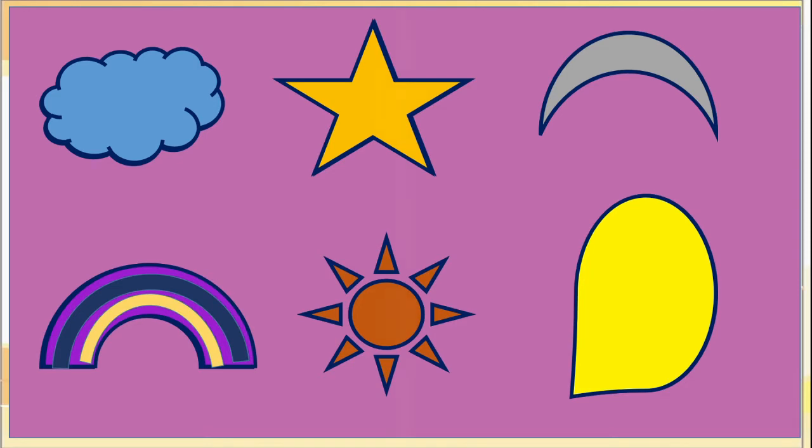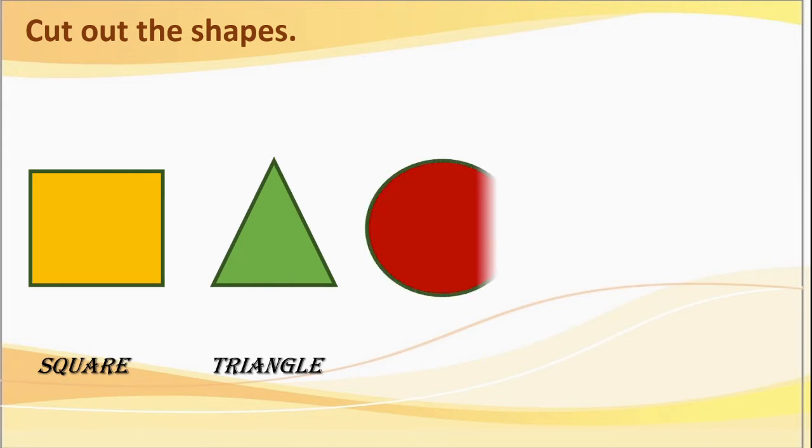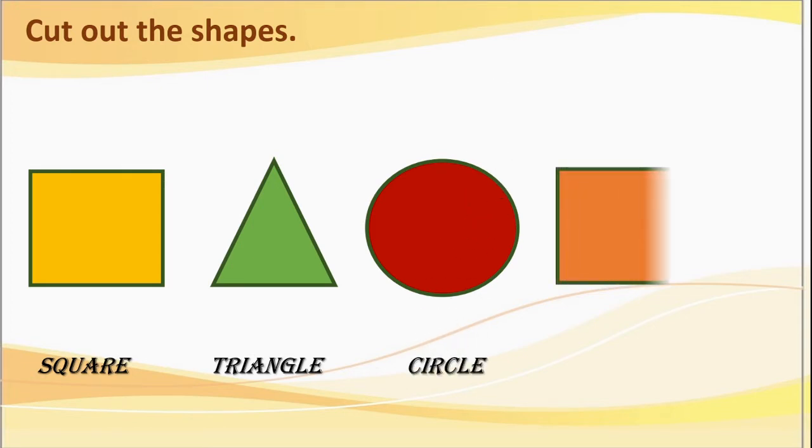Coloring the shapes. Now we will proceed to the next step, that is cut out the shapes. We have to use the scissors to cut these shapes from the chart paper. This is our square, right? Now cut this triangle. See this? Next is our circle. Next is our rectangle shape, isn't it?